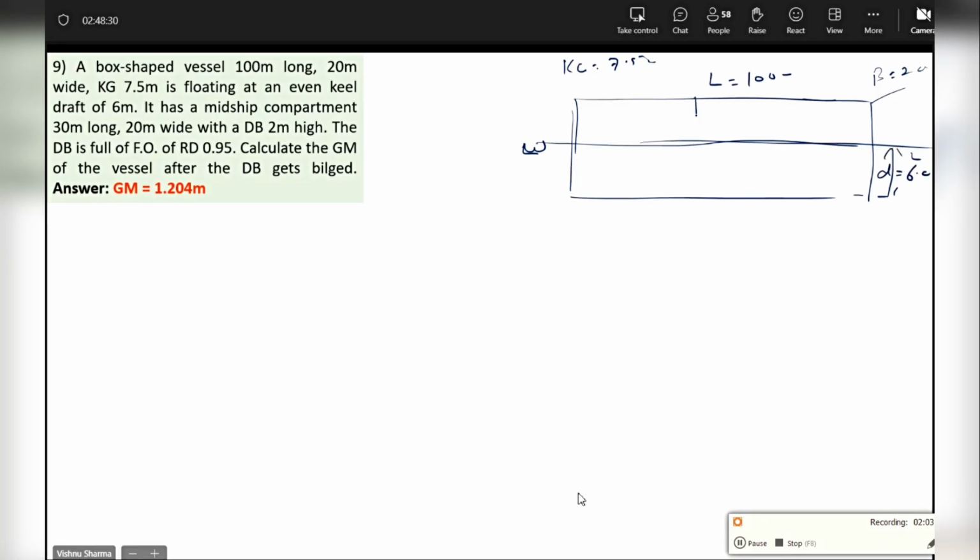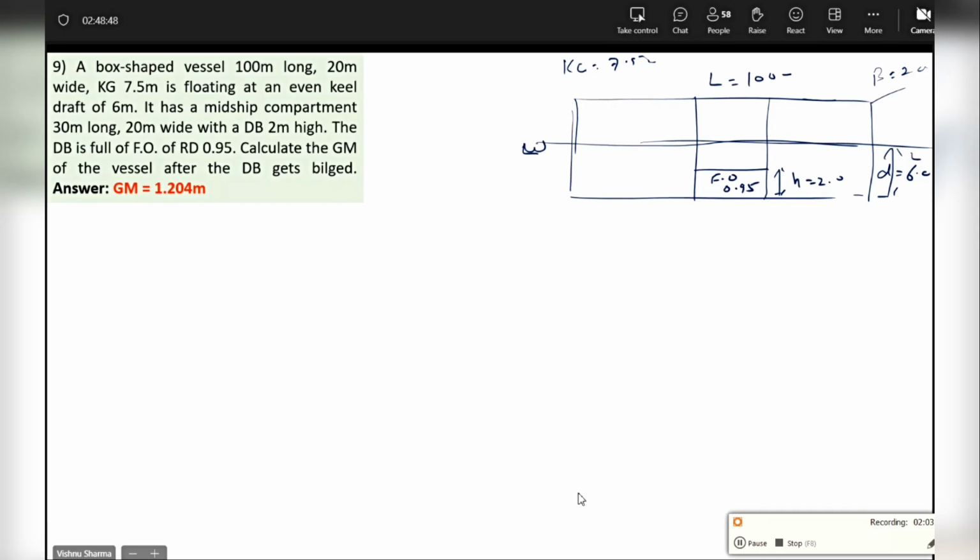Has a DB 2 meters high, full of fuel oil, 0.95 RD. Calculate the GM of the vessel after the DB gets bilged.